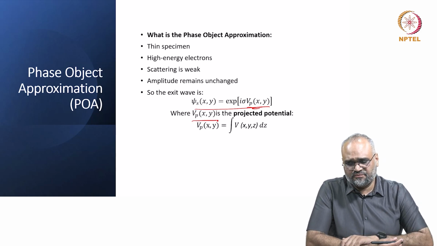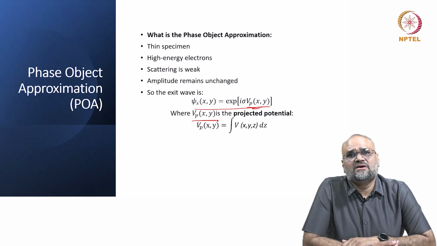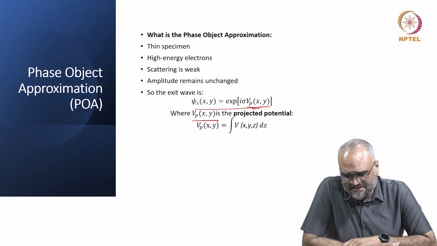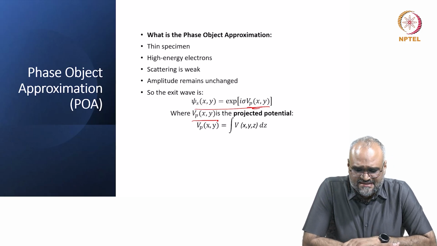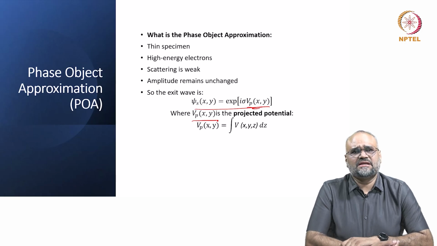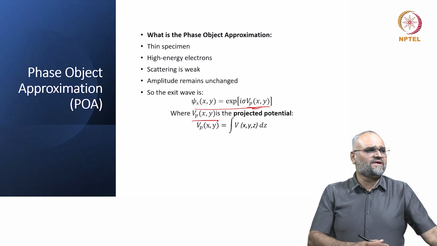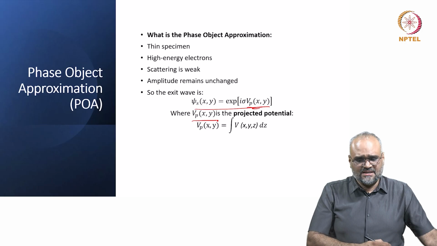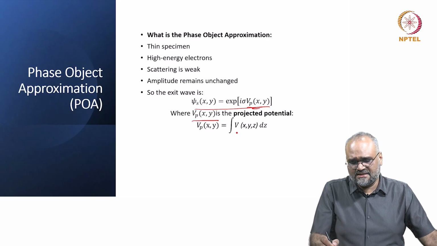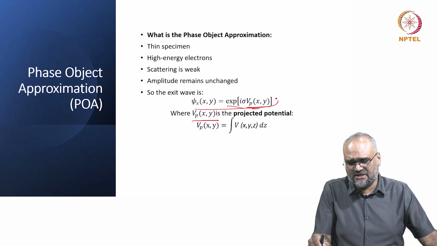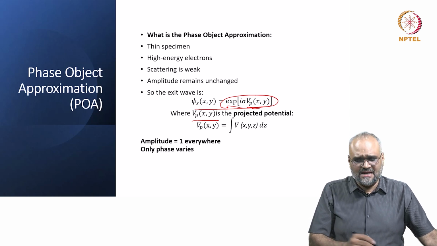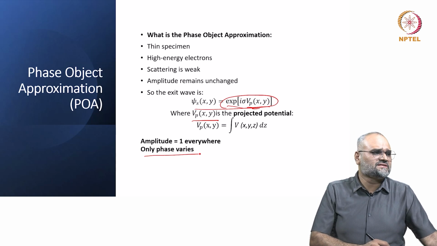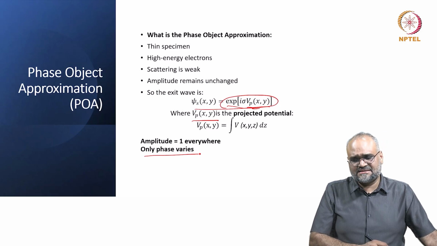If I now integrate this over the 3 dimensions, I can account for the projected potential from the exit wave. But what is interesting to note here is, when I have a phase object approximation, the amplitude component of this particular exponent has not changed, it remains unity, and there is only a variation in phase.